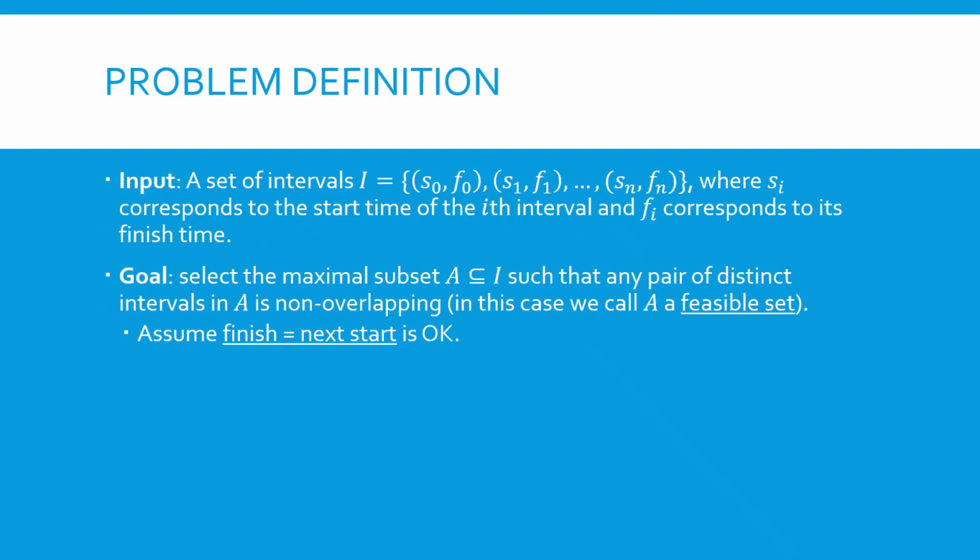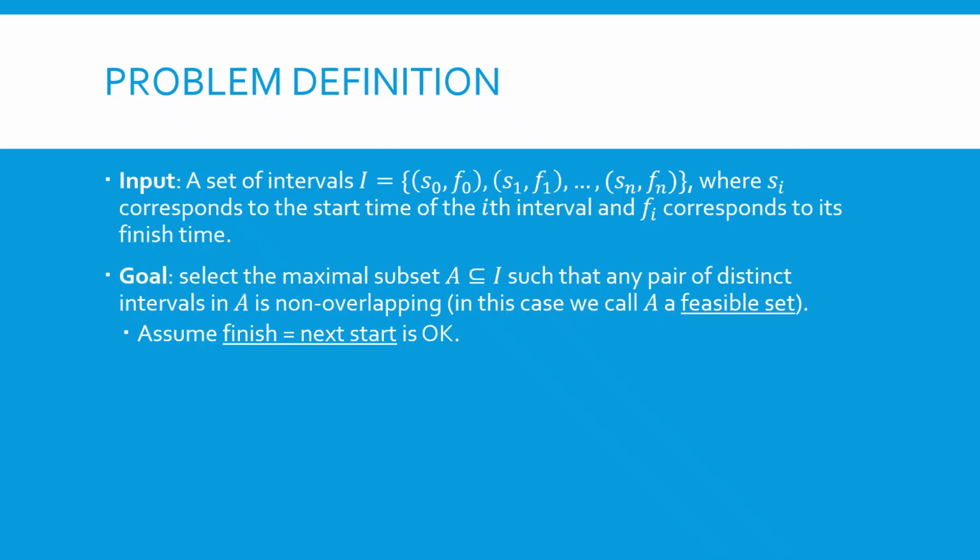Now, we introduce the formal definition of the interval scheduling problem. The input is a set of intervals I. Each interval i has a start time Si and a finish time Fi.